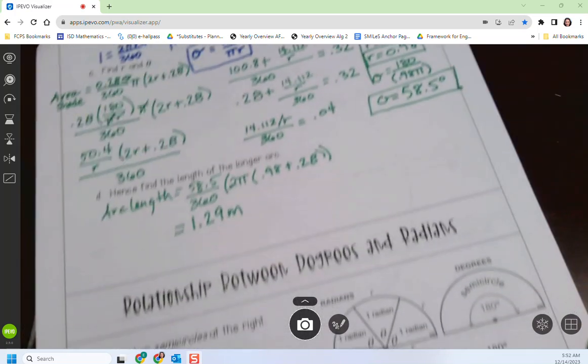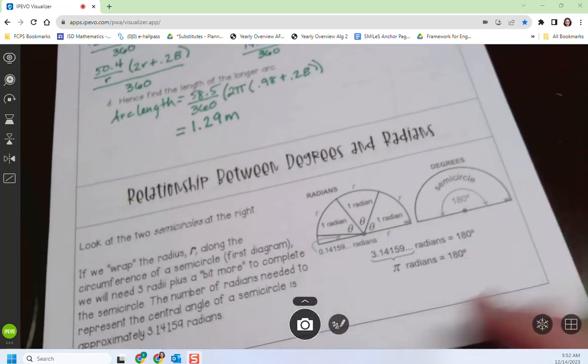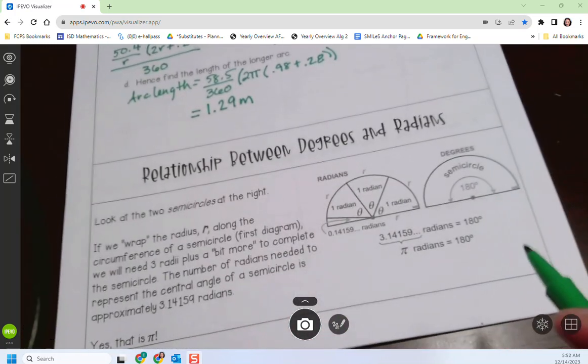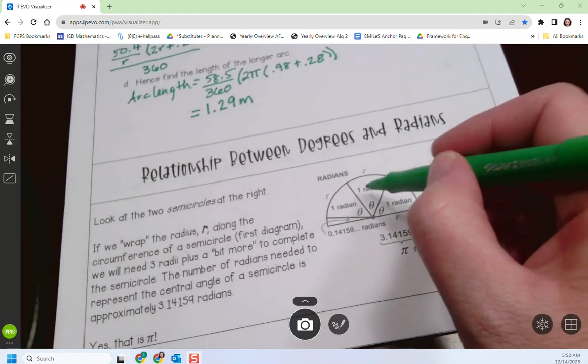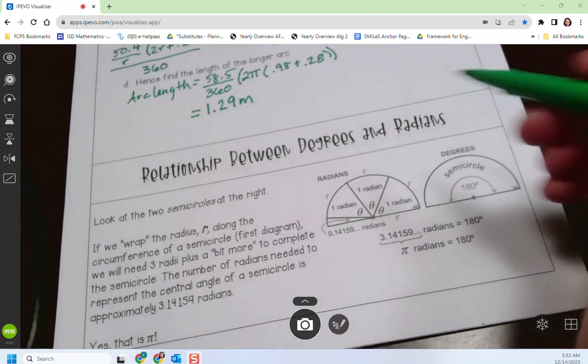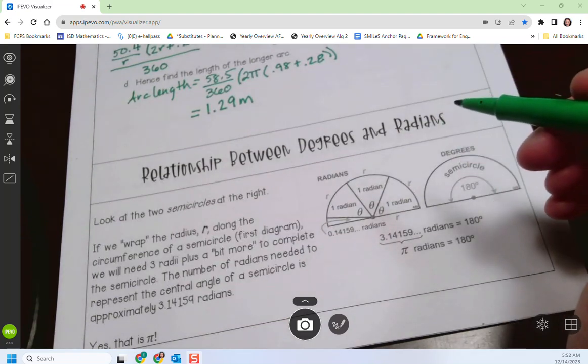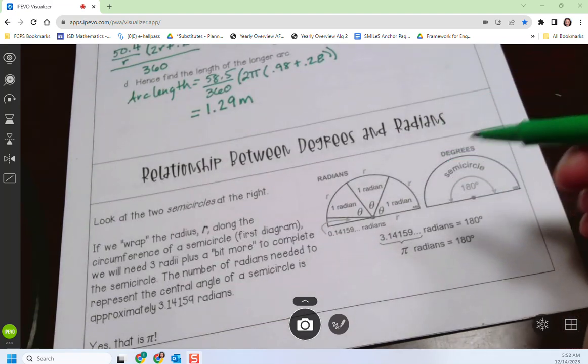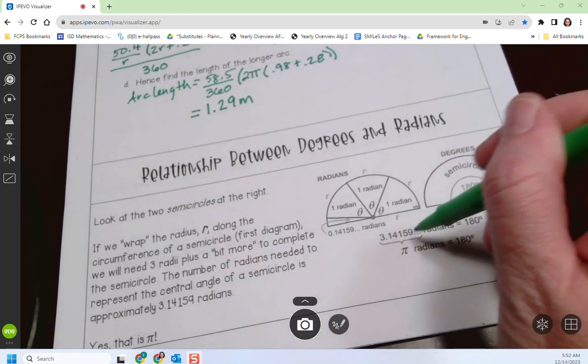Okay, so now we're going to look at another way to measure angles, which is in radians. And here you'll see measurements of 1 radian, 2 radians, 3 radians, but normally we measure radians in terms of how many pi radians there are. But remember, pi is just a number, 3.14.